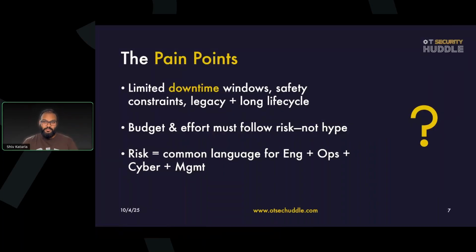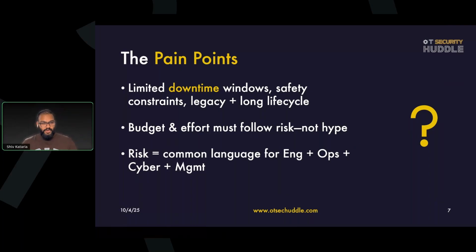At the same time, the asset owners have the challenge of limited downtime that they can take. There are also safety requirements that they cannot bypass. If something needs to be stopped, they need to take a lot of permissions, and generally those updates go through the change management process. And change also requires a due risk assessment to be done.